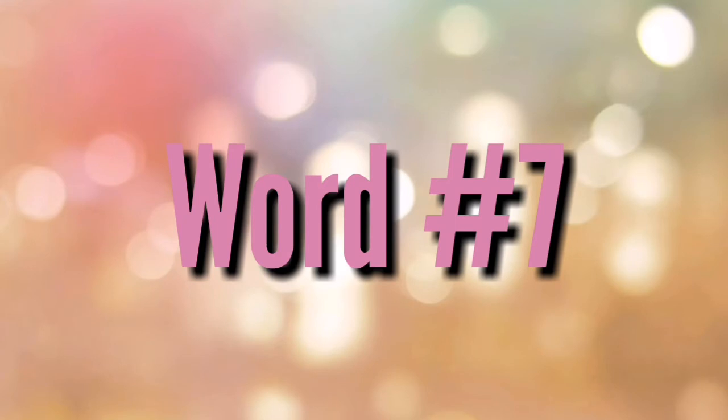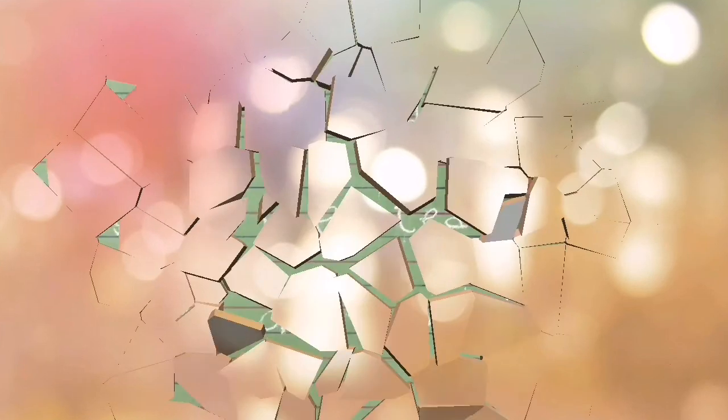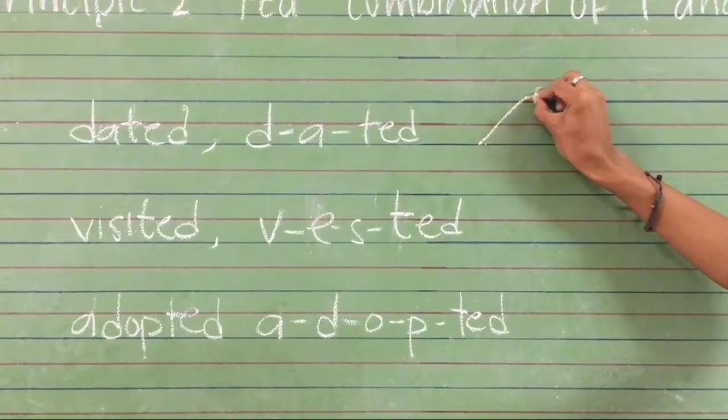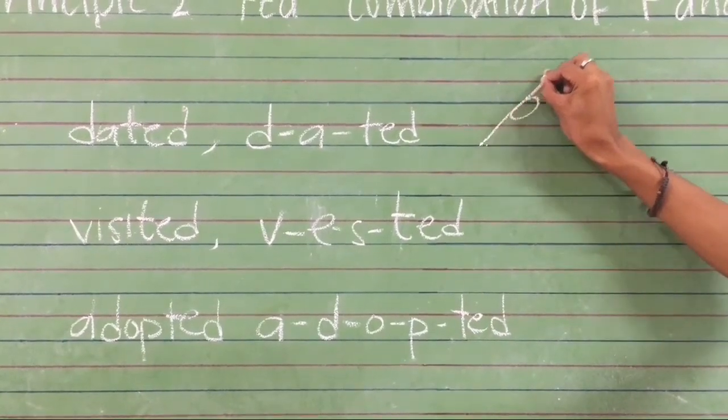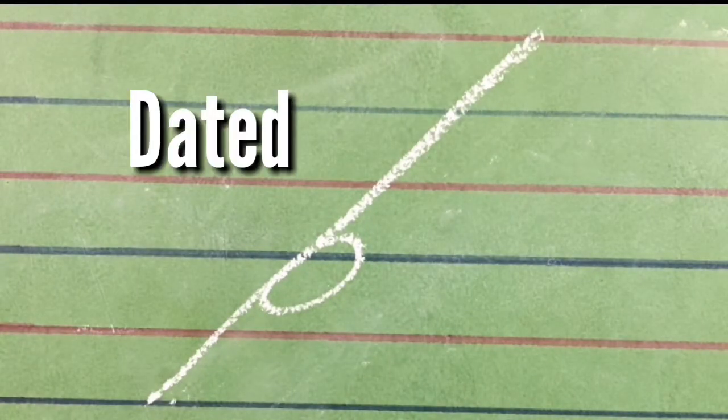The second batch of words that will be discussed here in Principle 2 are dated, visited, adopted, located, steady, and today. The first word is dated.